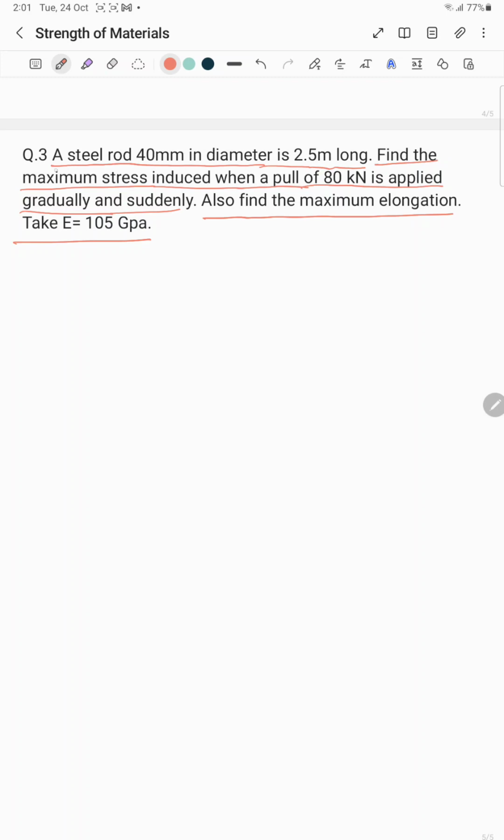So here it says a steel rod 40 mm in diameter. Diameter means it's a circular rod, so the circular rod diameter is 40 mm, and the length is also given. The length of this rod is L equal to 2.5 meter.